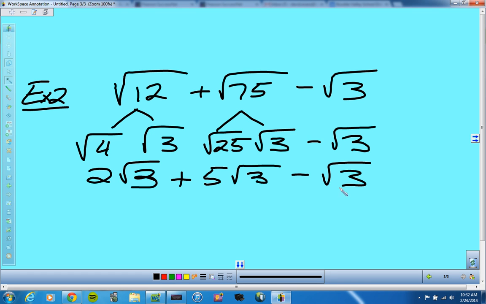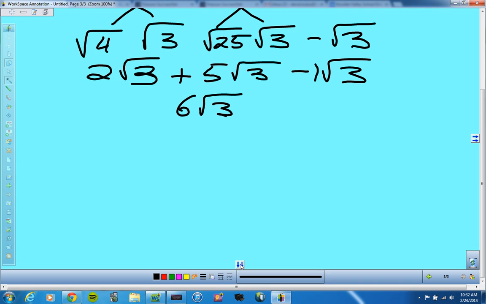So 2 plus 5 minus 1 is essentially what we're doing. So 7 minus 1, 6 square root of 3. Do you ever add what's under the radical? Never. 2 plus 5 is 7, minus 1 is 6. Okay? Good?